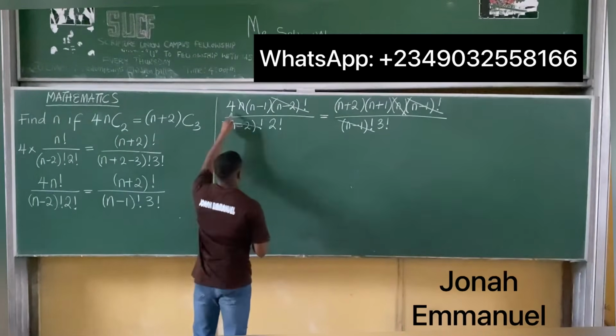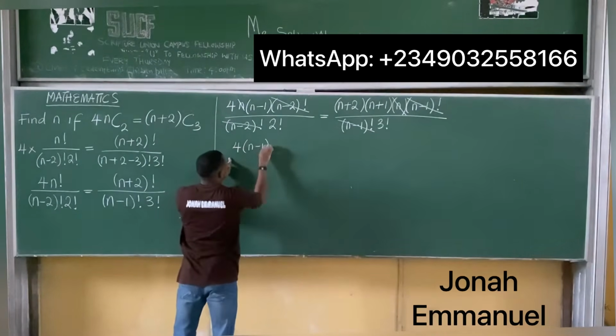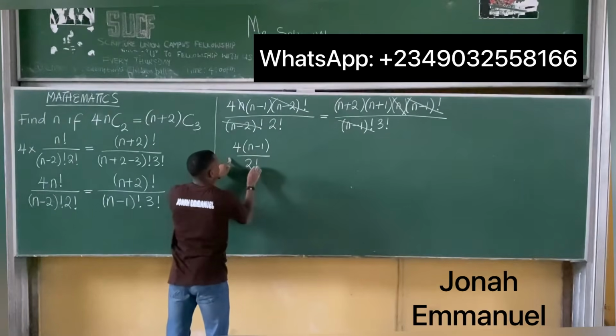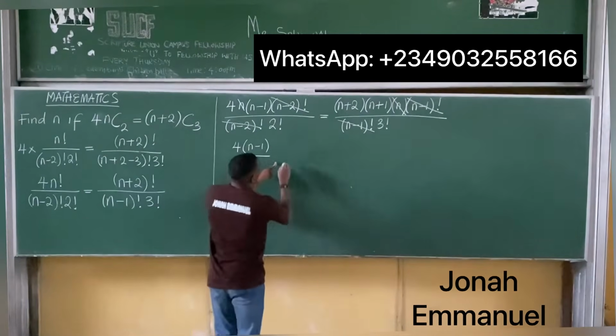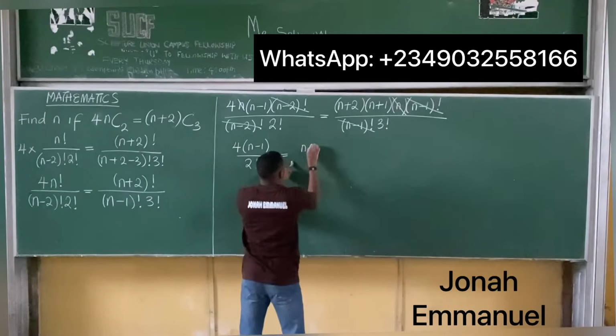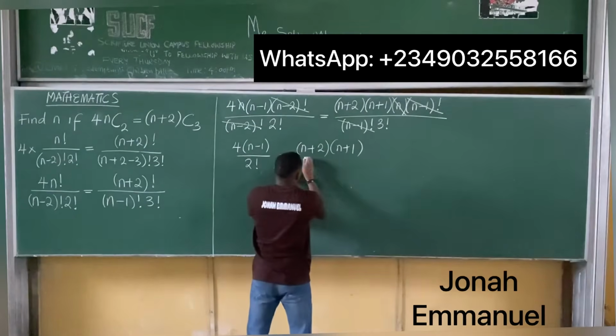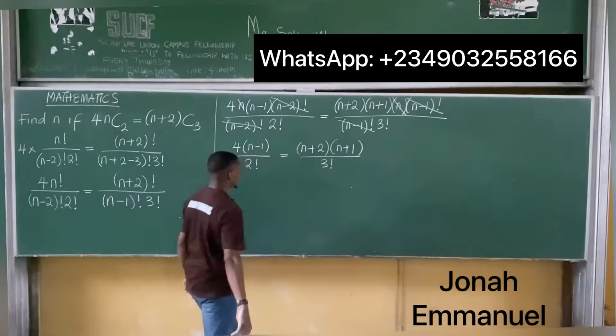So from here I have 4 into n minus 1 all over 2 factorial is equal to n plus 2 into n plus 1 all over 3 factorial.